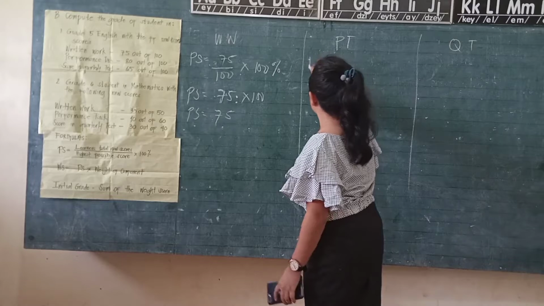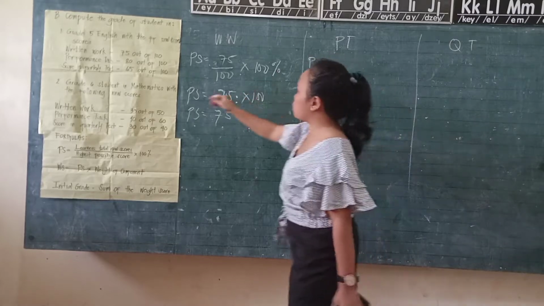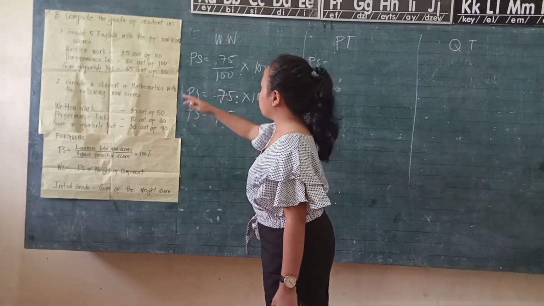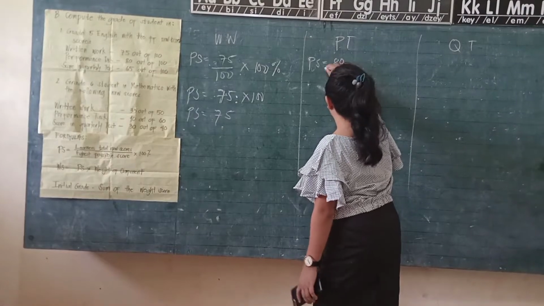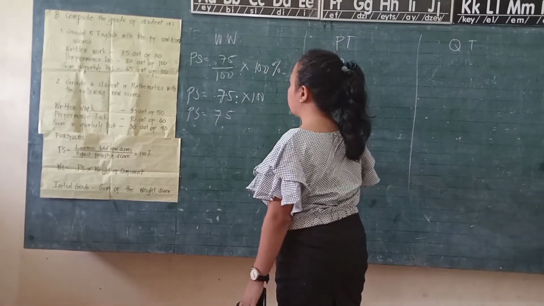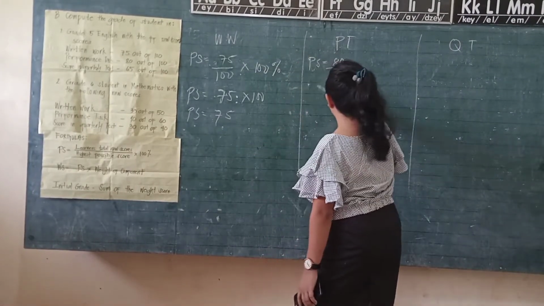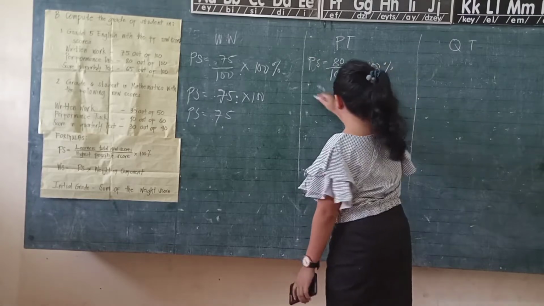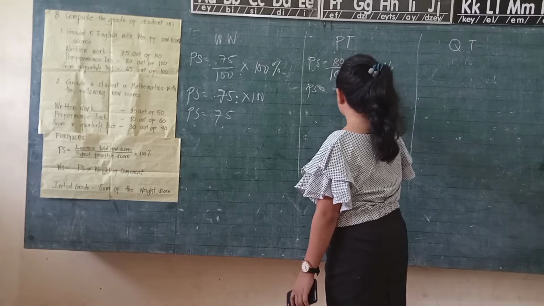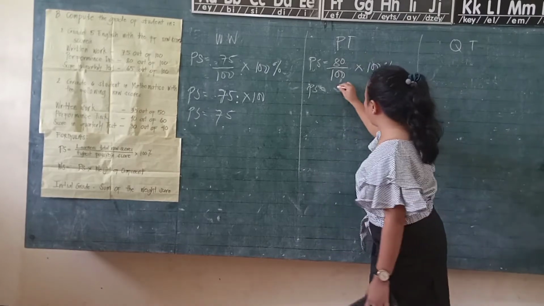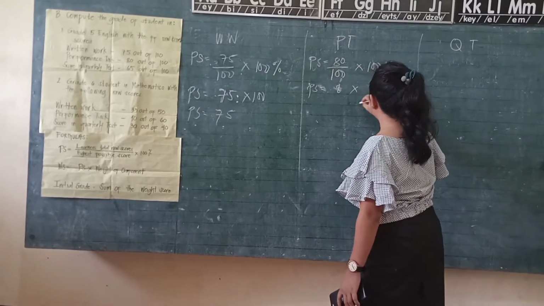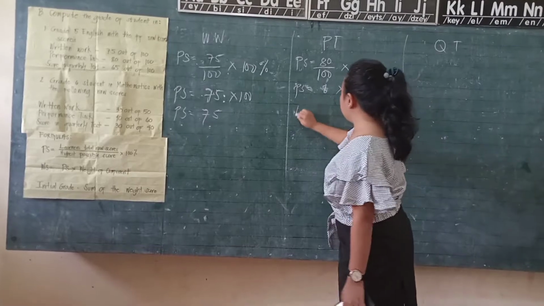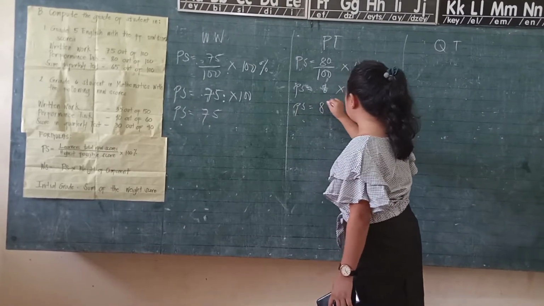So PS performance task is learner's total score 80 divided by the highest possible score 100 times 100%. So PS, 80 divided by 100 is 0.8 times 100. PS equals 80.